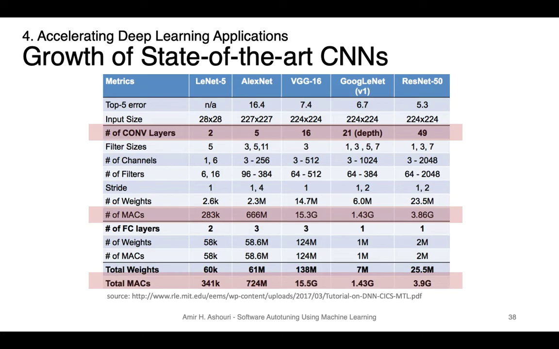Now we have NASNet as well, more recent generations of networks. So you see that the number of parameters and convolutions have started to expand significantly, right? Also, the number of MACs, or multiply and accumulate operations, has expanded significantly as well. Starting from the order of Ks, now we are in the order of gigs, right?